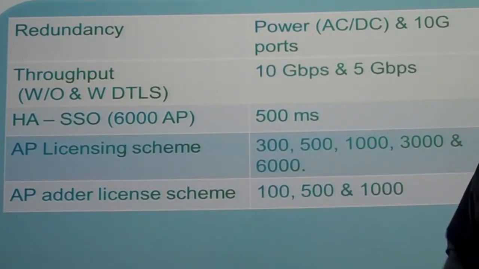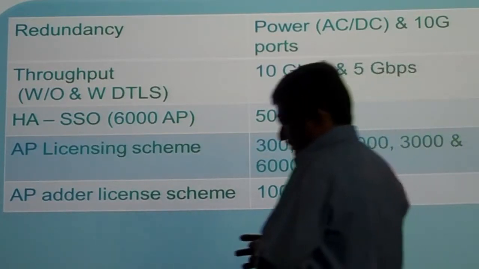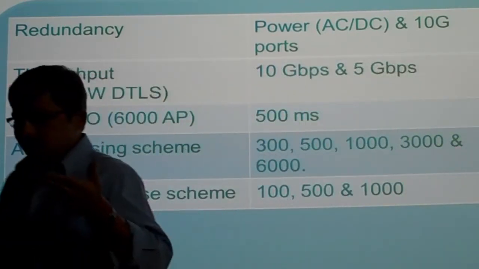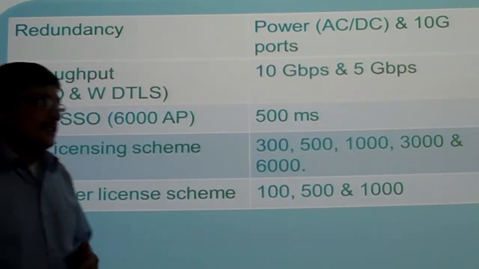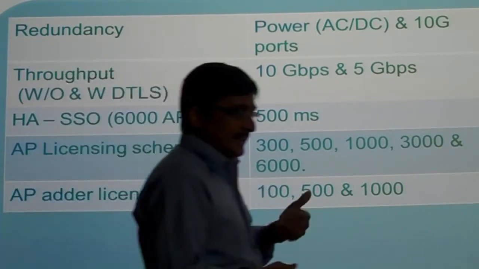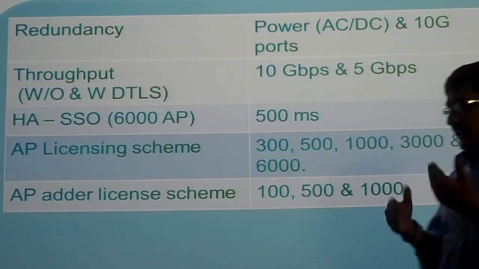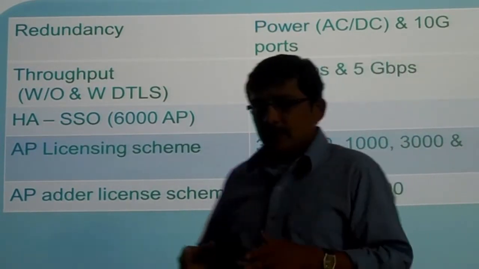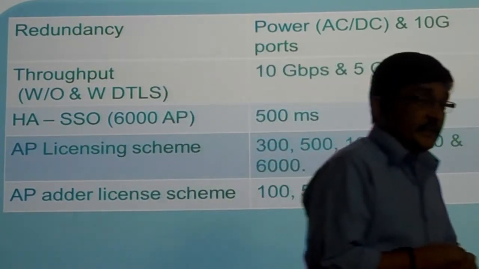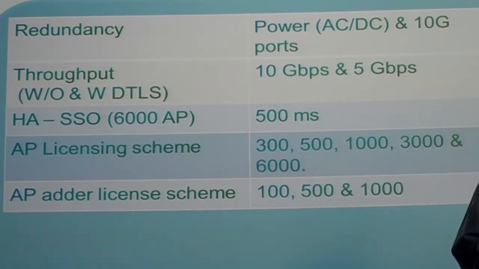Using both 10 gig ports, the max throughput without data DTLS encryption is 10 gig. With data DTLS encryption, it is close to about 5 gig of traffic.